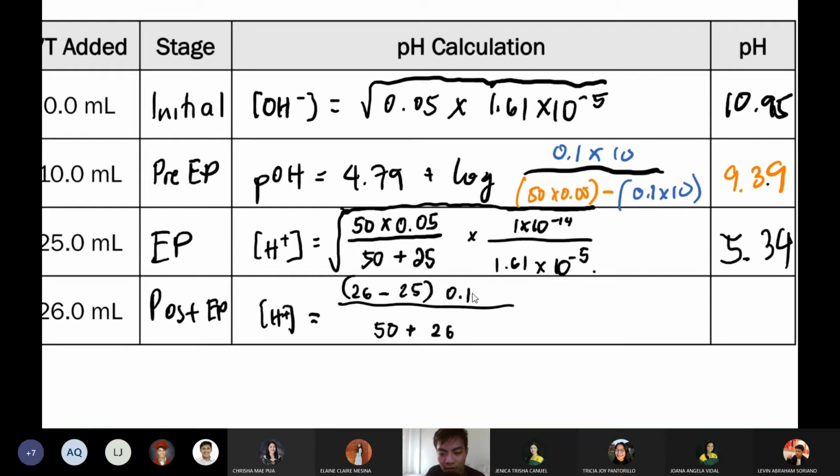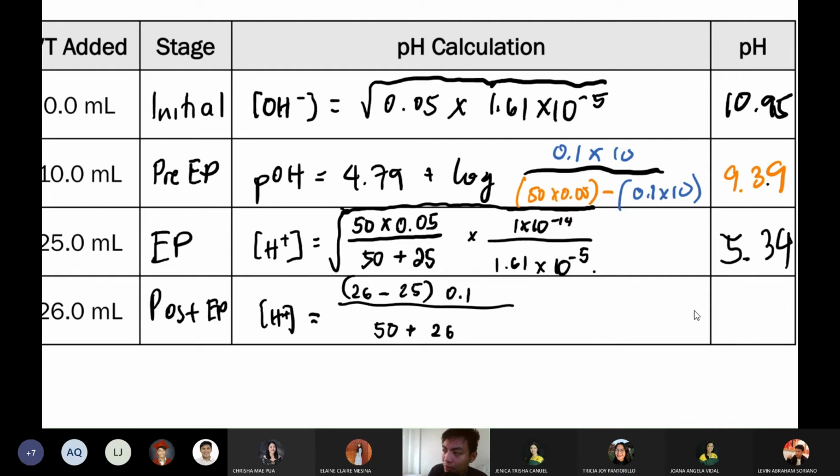Sundan kung paano lumabas yung equation na yan. Vt minus Vtep times molarity titrant, yun yung excess mole ng titrant divided by the total volume of the solution, which is 50 ml analyte, 26 ml titrant. Saan galing 26? Ito o, nasa gilid. Sasabihin naman yun eh.